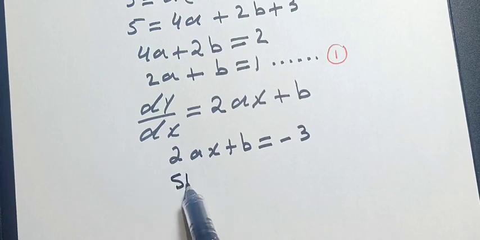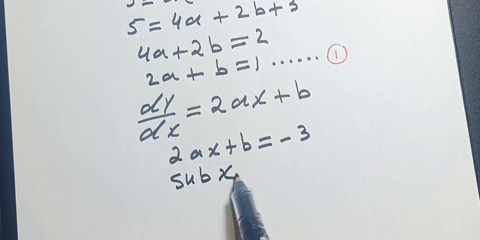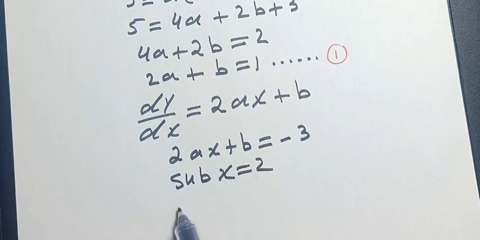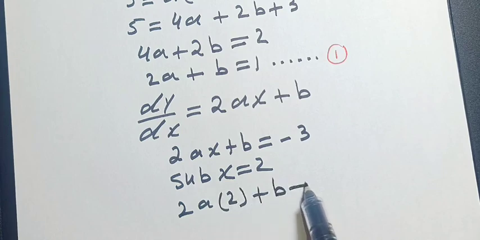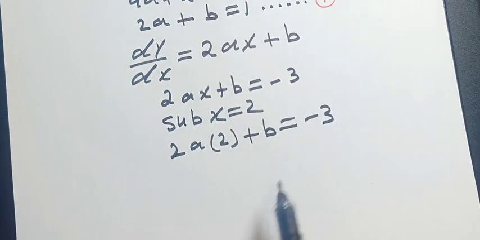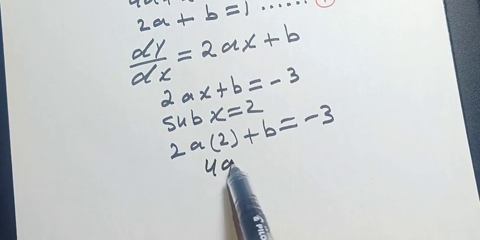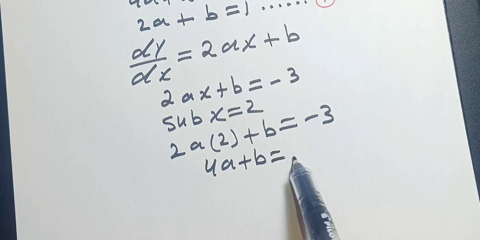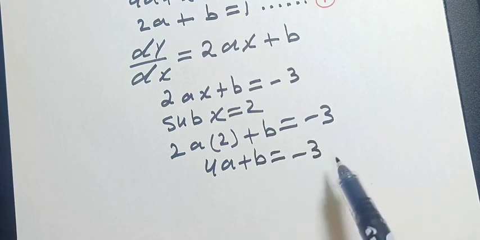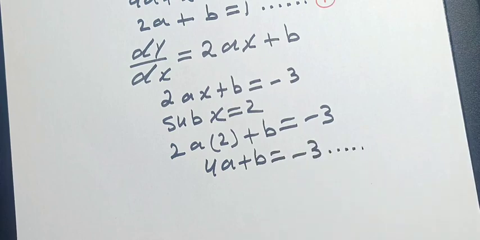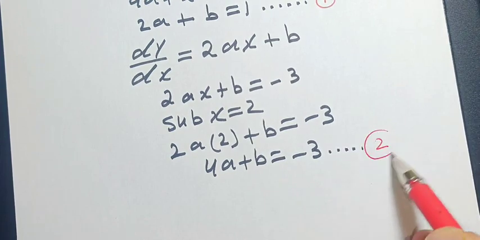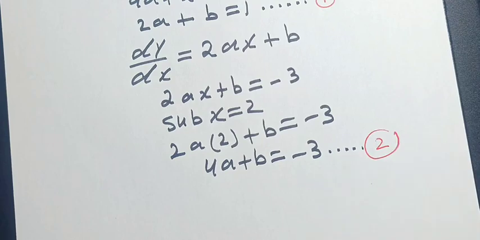So we substitute x equal to 2 into this. So 2 times 2 times a, which is 4a, plus b is equal to -3. This is going to be my second equation.